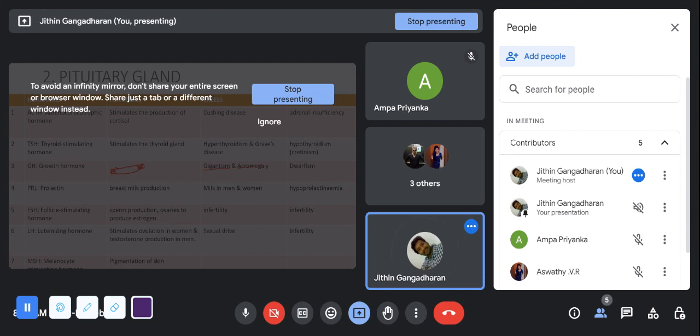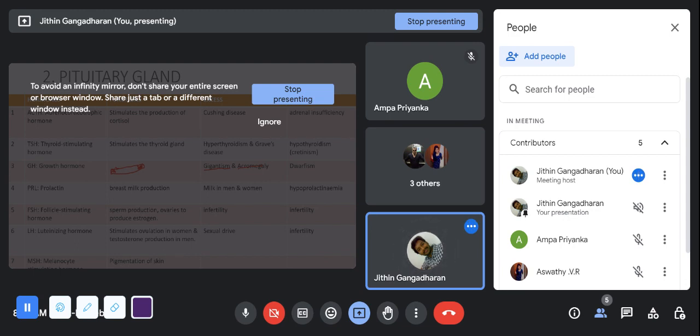Second one is deficiency. If the growth hormone is deficiently produced, it will lead to a condition known as dwarfism. The person will have decreased height. That is dwarfism. Next, fourth one is prolactin. Prolactin helps in the production of breast milk.